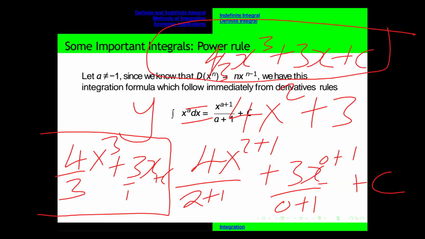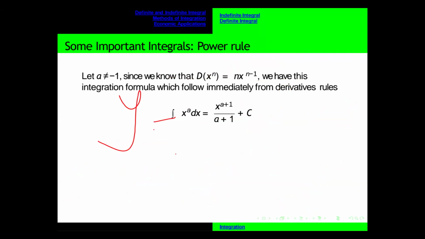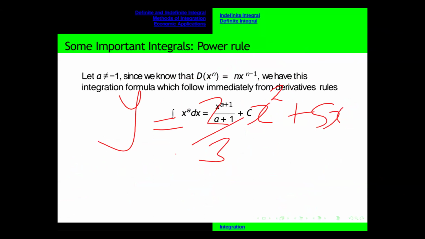Very easy stuff. The last example is of a fraction: 2 over 3 x to the power 2 plus, let's just say, 5x. It's still the same stuff. Now, quite interesting, because we'll say 2 over 3 x to the power 2 plus 1, divided by 2 plus 1, right? Are you seeing what is happening?